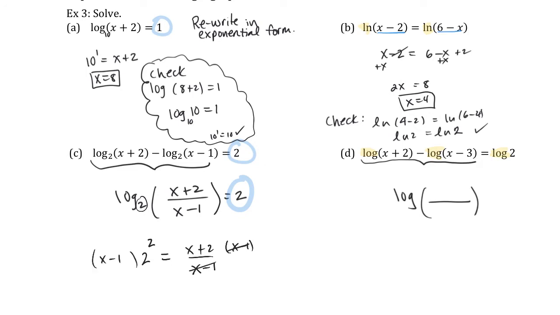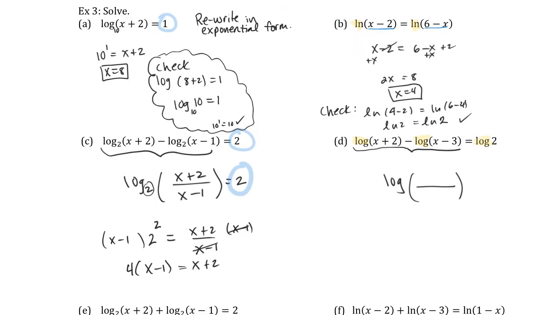So that would be 4 times x minus 1, and we'll distribute our 4. I would get 4x minus 4 is equal to x plus 2. Add 4 to both sides and then subtract x, so we'd get 3x is equal to 6, and x equals 2.